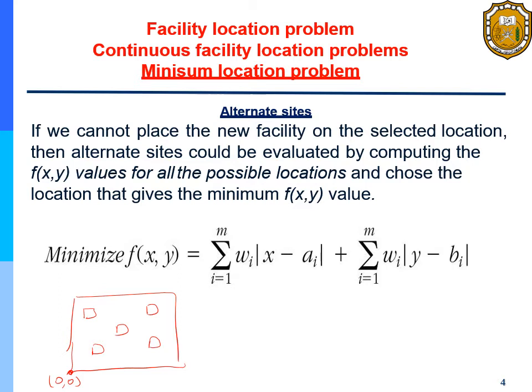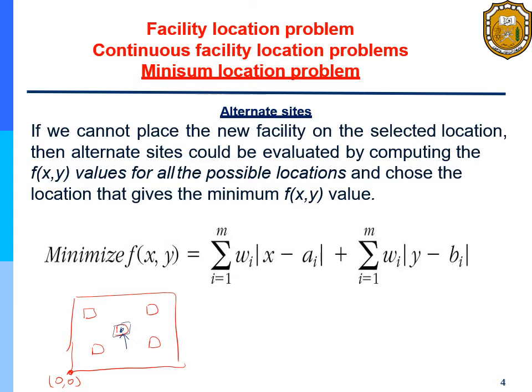And then by following the procedure, we identify the optimal x and y coordinates of the new facility and assume that that optimal coordinate of x and y corresponds to this point, just at the top of an existing facility. So then placing this facility on top of the previous facility is not feasible. You cannot do this. In this case, what will we do?